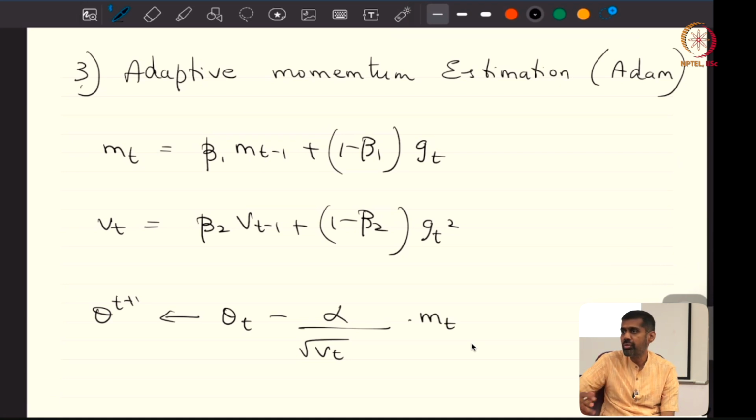So this is a combination of both the RMS prop and the momentum term. You have both the momentum and the second order term.